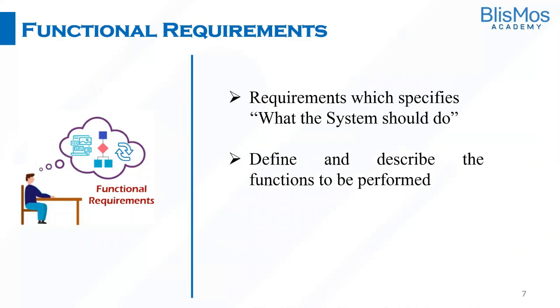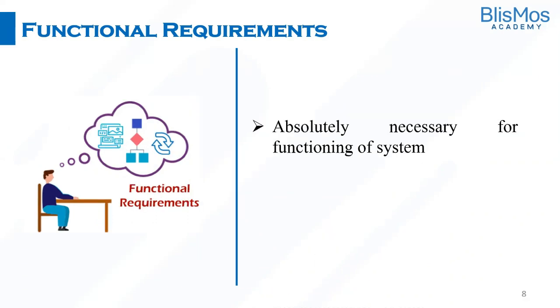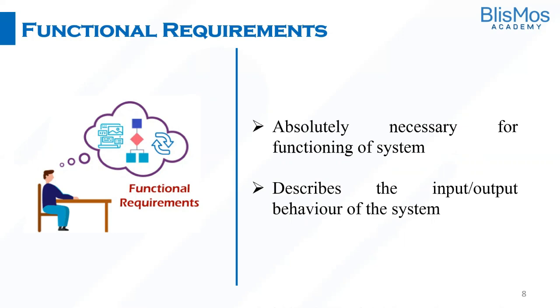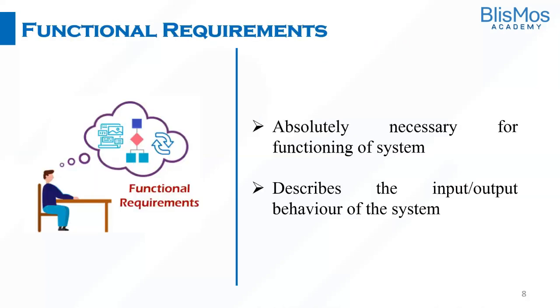As a part of the functional requirements, we define and describe what and all functions need to be performed by an application or a system and what features should be there as a part of the software product which is being developed. Functional requirements in a way define what is necessary for functioning of a system. It also specifies what should be the input, what should be the processing, and what should be the output. All these things are specified as a part of the functional requirements.